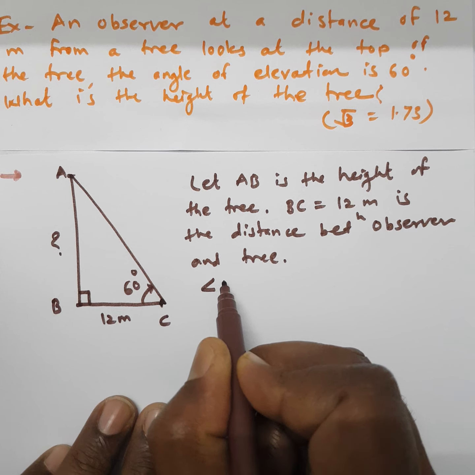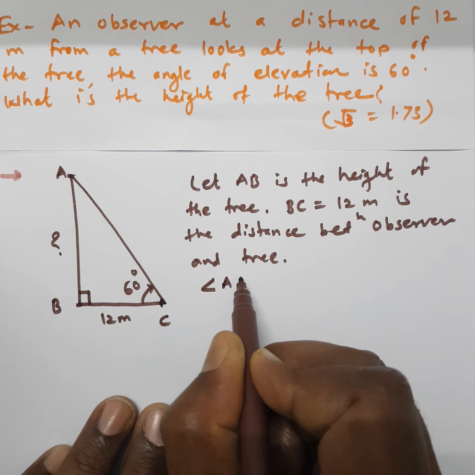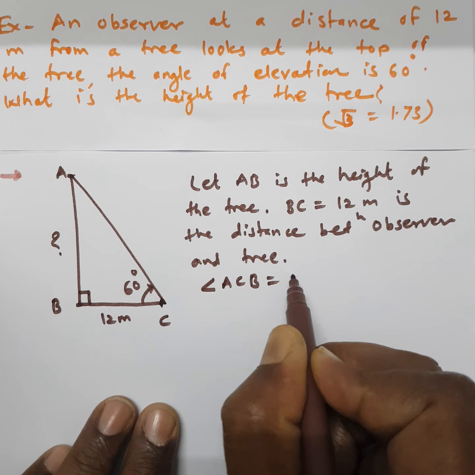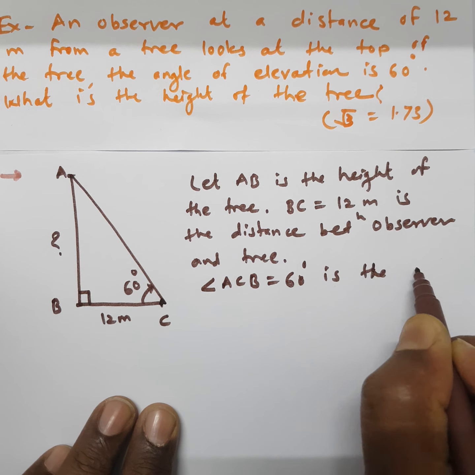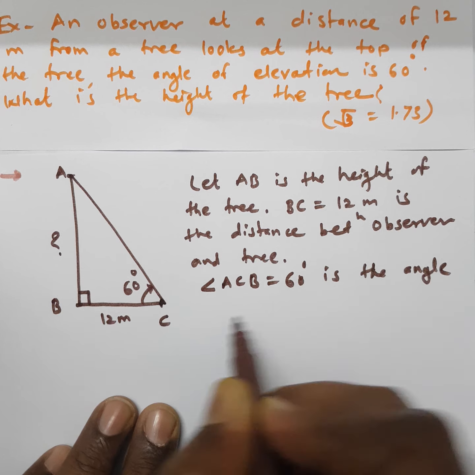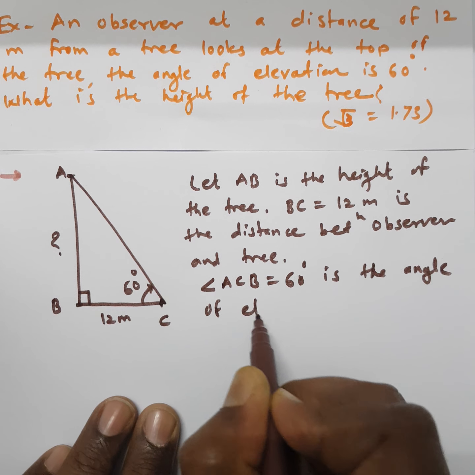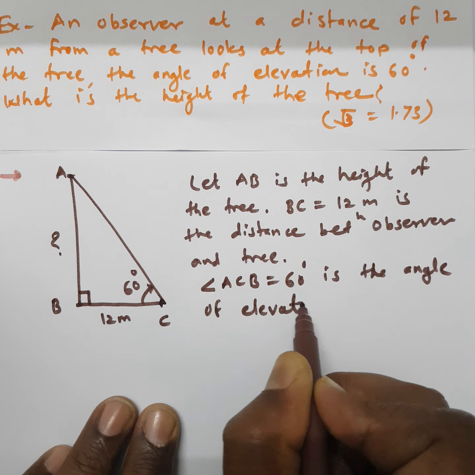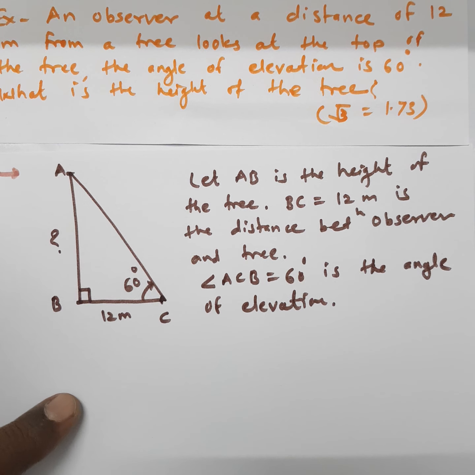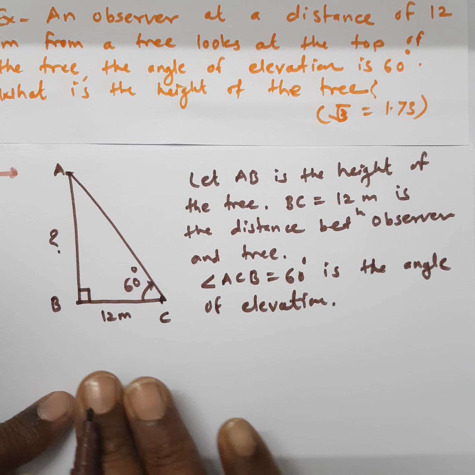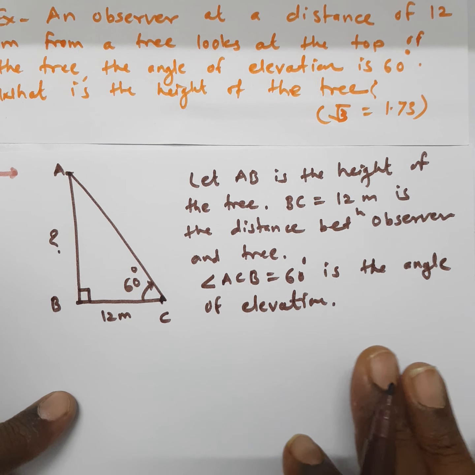Angle ACB is equal to 60 degree is the angle of elevation. Now it is the information about the figure.